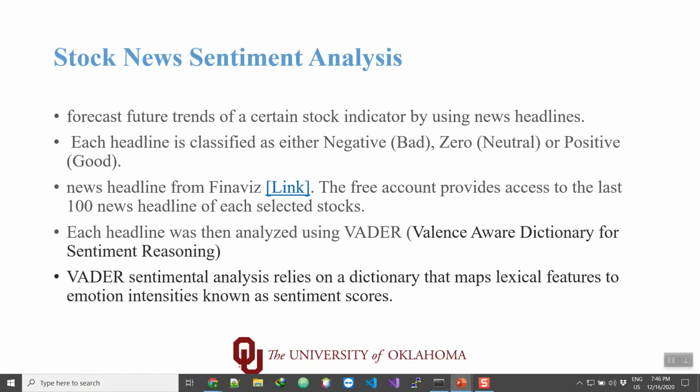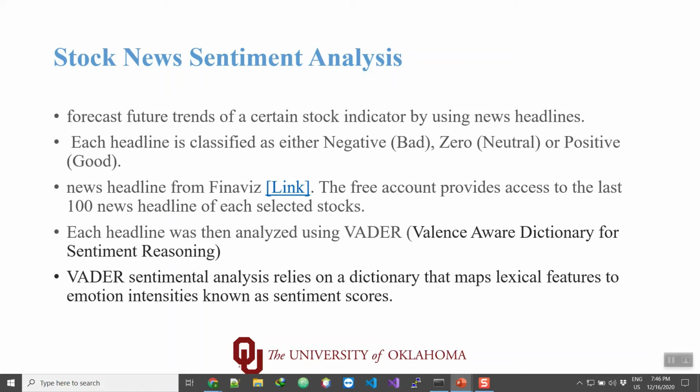And the second thing that I did was to build a model to analyze the news of a stock, where the goal is to forecast future trends of a certain stock by using the news headlines.